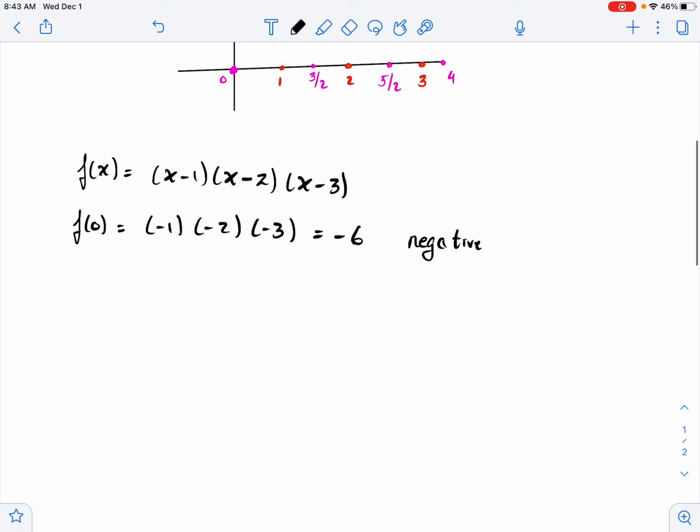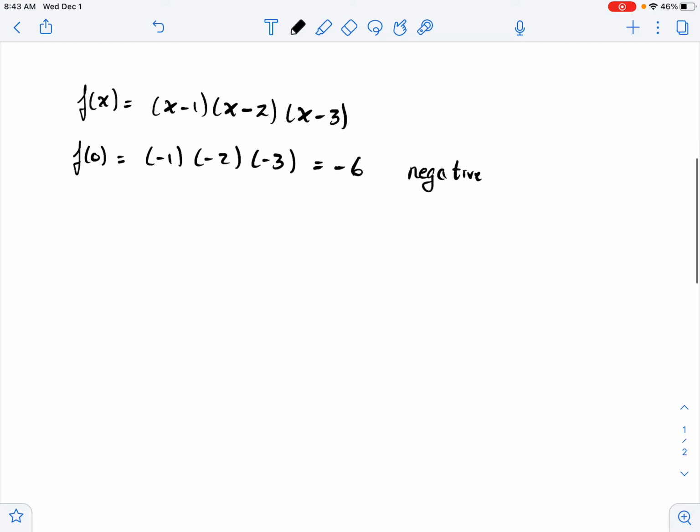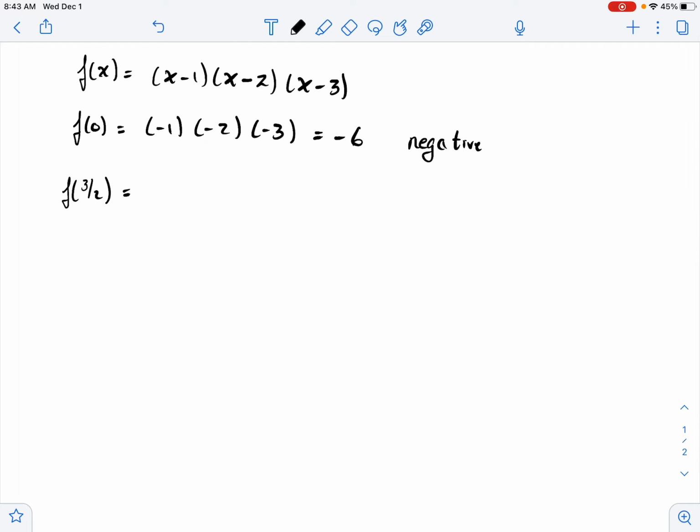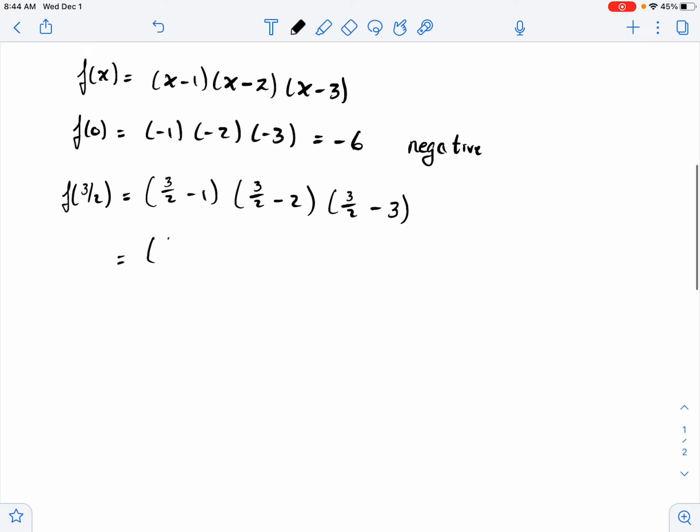Now I'm going to find f of 3 over 2, which is in between root 1 and root 2. That gives me 3 over 2 minus 1 times 3 over 2 minus 2 times 3 over 2 minus 3. If I work this out, I get 1.5 minus 1, so a half; 1.5 minus 2, so negative a half; and 1.5 minus 3, so negative 1.5, or negative 3 over 2.